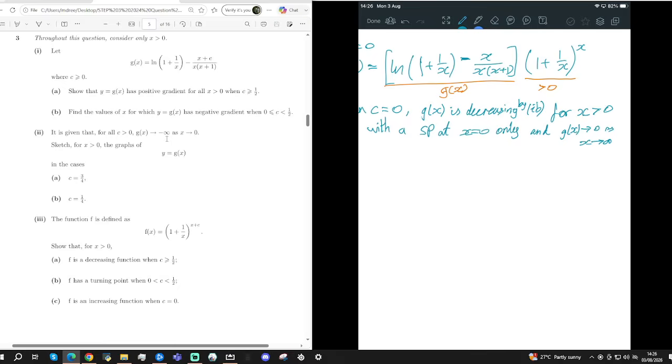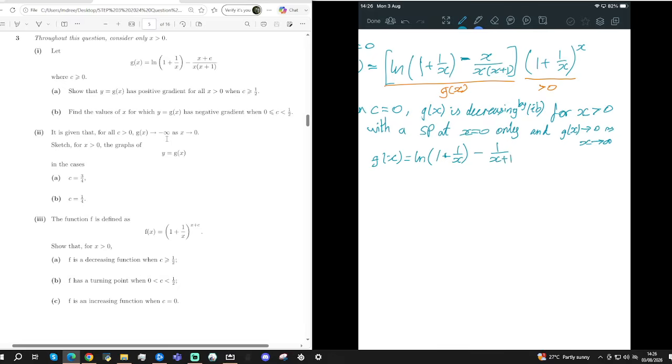And that's not necessarily obvious, except I can write that g of x thing, it cancels slightly. So g of x equals ln of 1 plus 1 over x minus 1 over x plus 1.